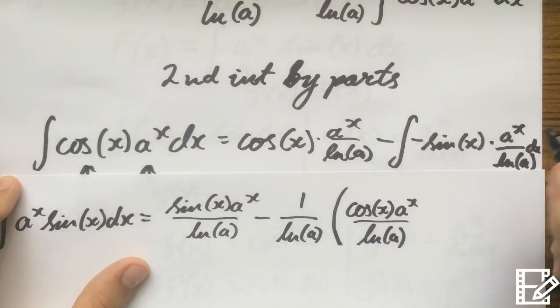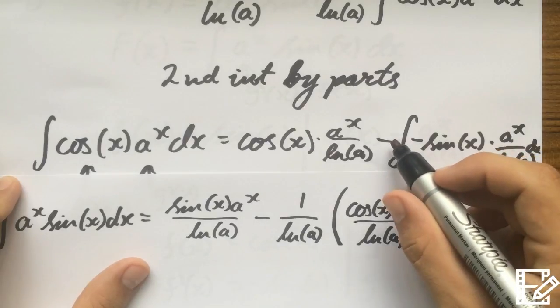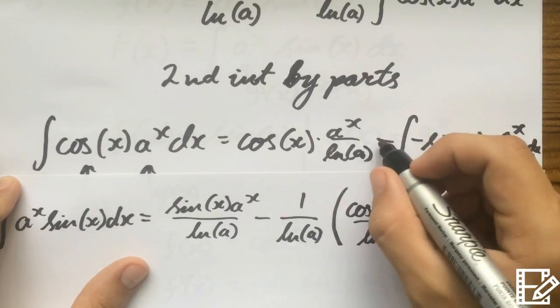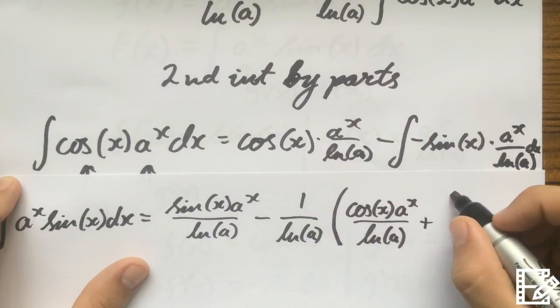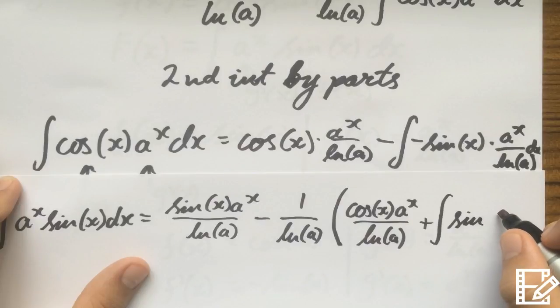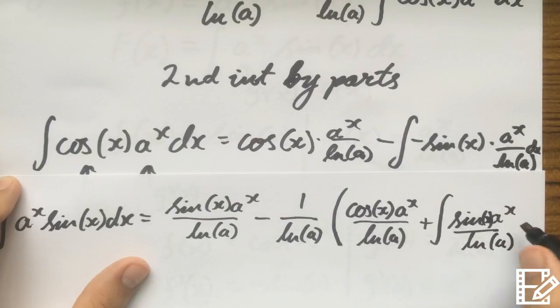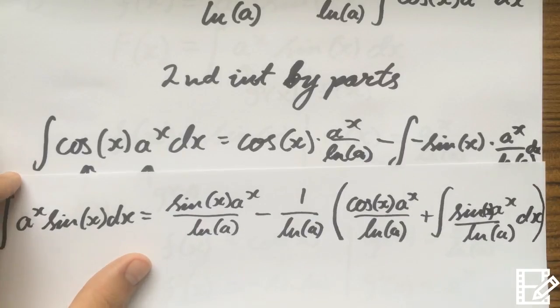Now we can do multiplication by constant and bring this negative out. Therefore, a negative times a negative is a positive. Integral sine x a to the power of x, oh, I forgot the x, over ln of a dx. Bracket.